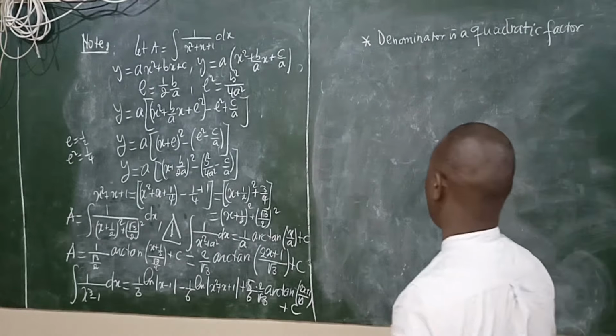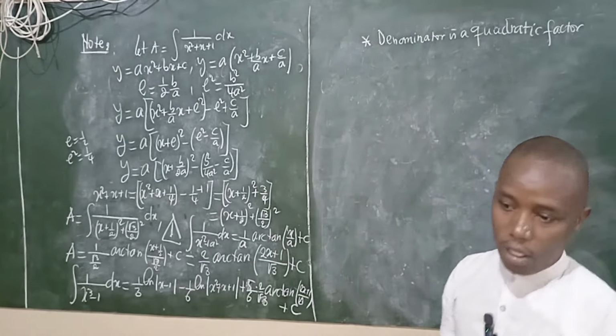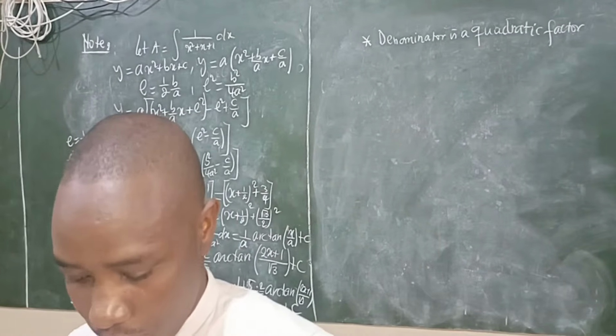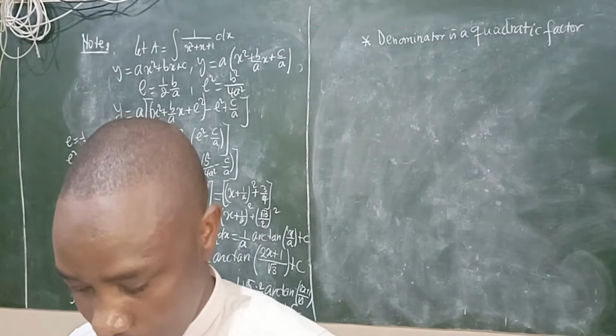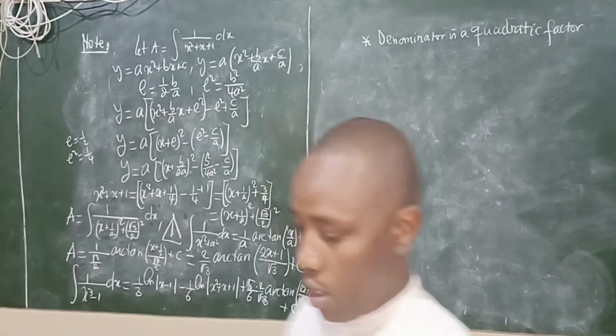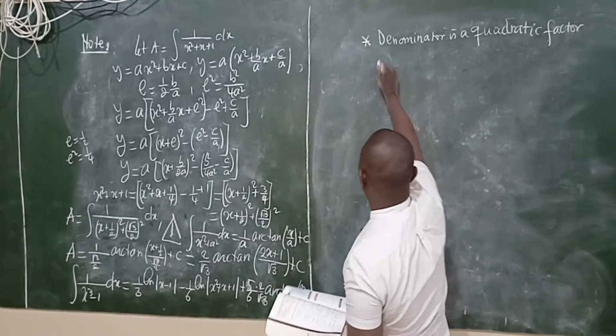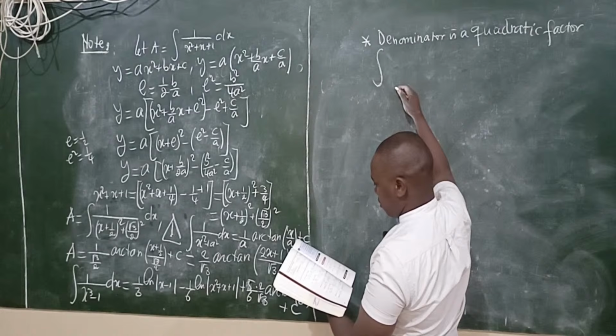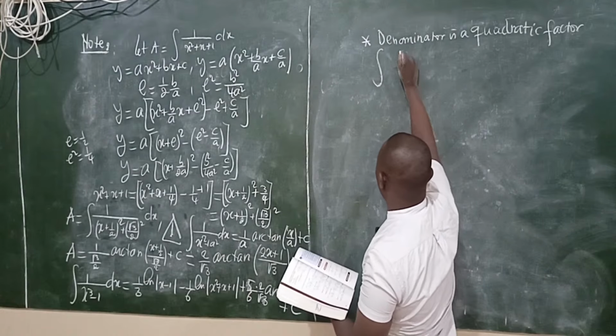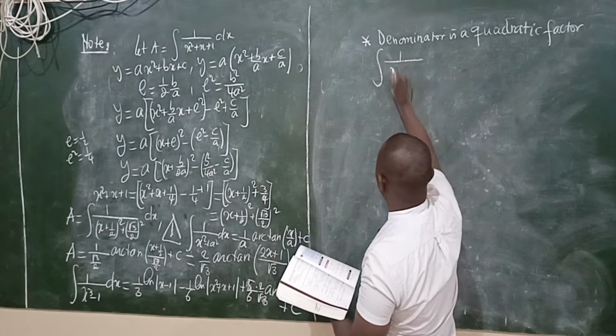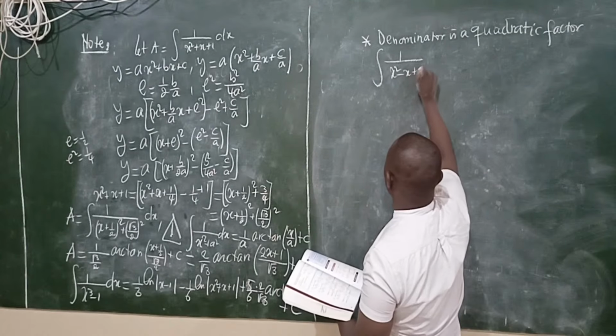Okay. Before continuing with examples, let's have this. We are about to integrate the reciprocal of x squared minus x plus 1 dx.